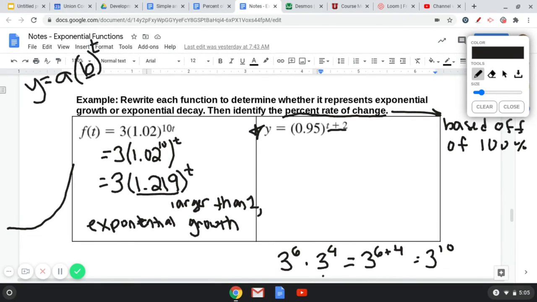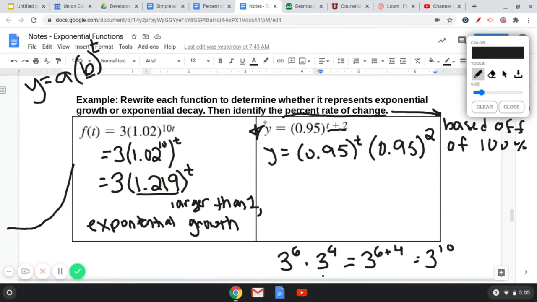Well, you see here, we just have the opposite of that. We already have an addition in our exponents. So couldn't we just say this is really y equals 0.95 to the t times 0.95 squared? Because now these have the same base. If we wanted to go back here, we would have to add these exponents.